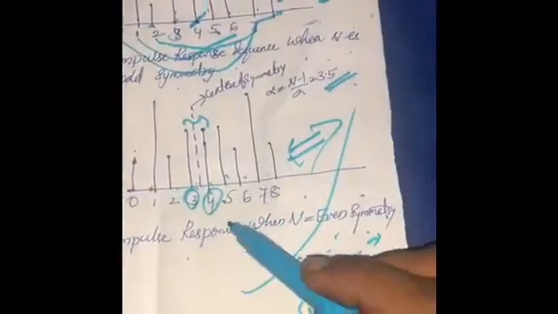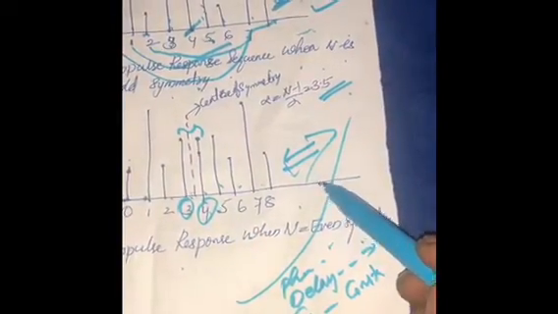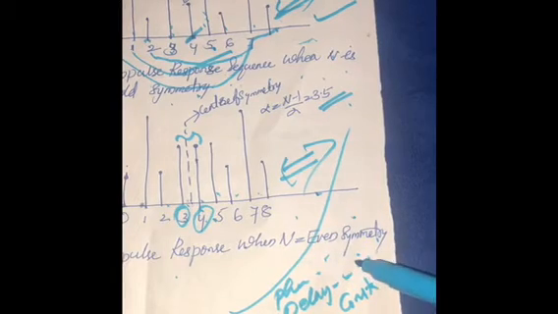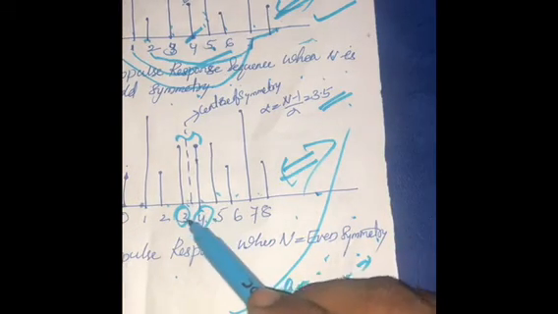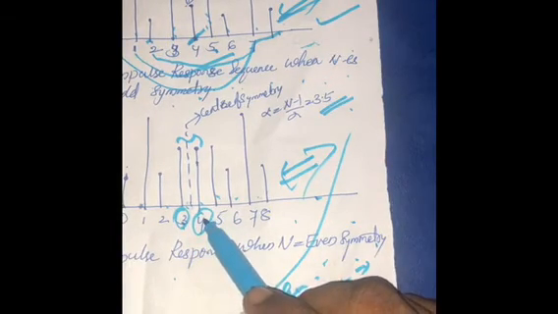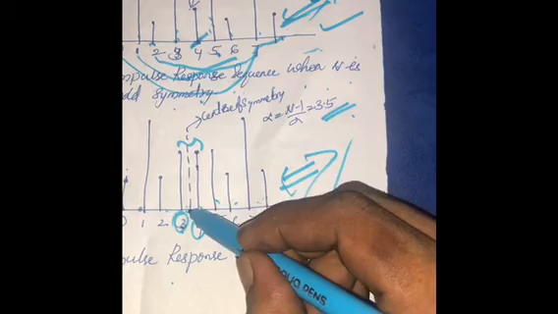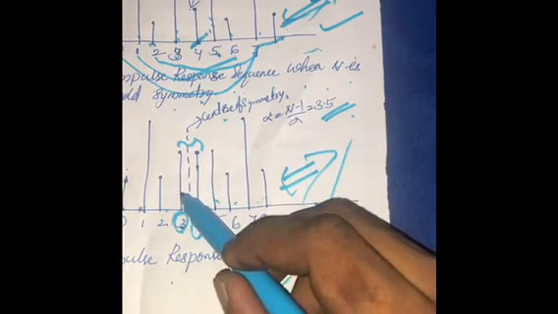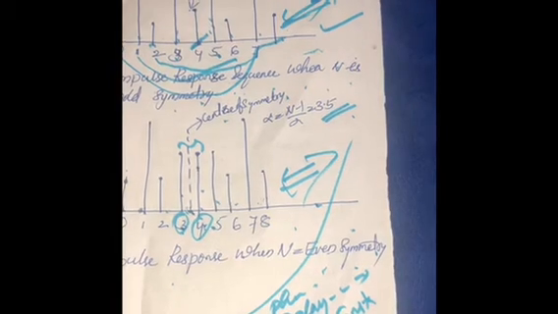Let us see how. This is the impulse response of the system when N is even symmetry. Here, this one is the third sample and this one is the fourth sample. The value is 3.5, so the center of symmetry lies between these two samples.